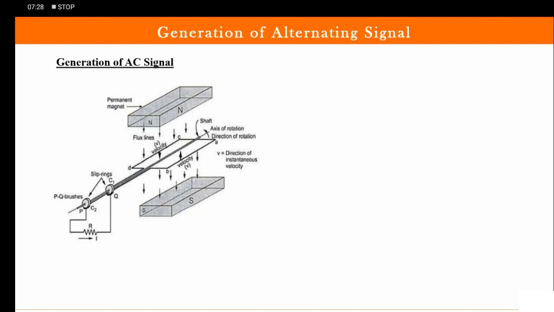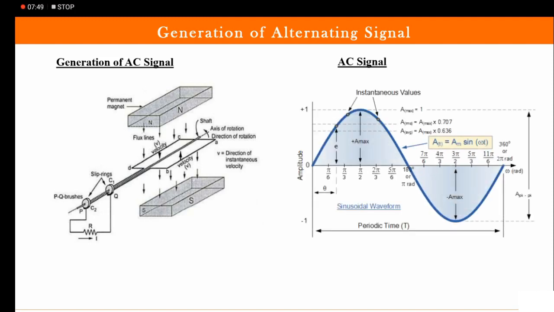Now this EMF or this current is nothing but our alternating current or alternating voltage. Fine. So this is how AC signal is generated. So the main phenomenon which is responsible behind this is Faraday's law of electromagnetic induction. Okay. So you have an AC signal like this.